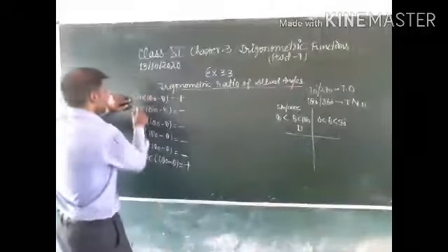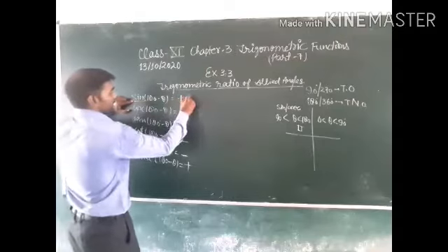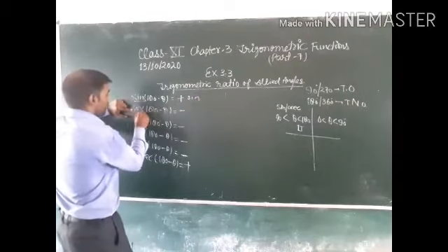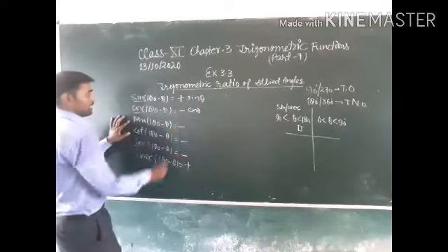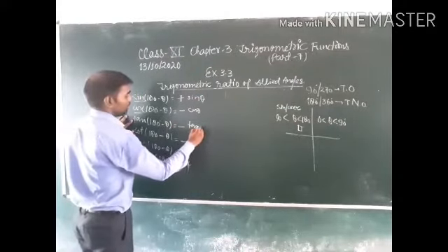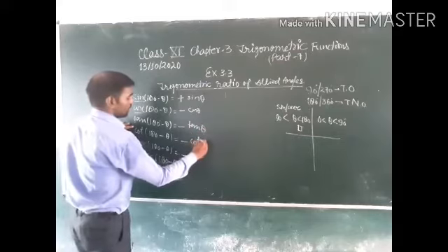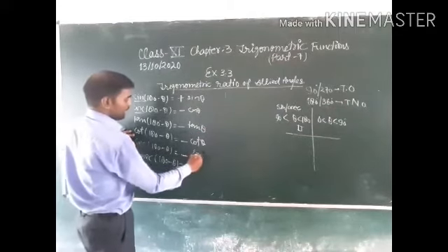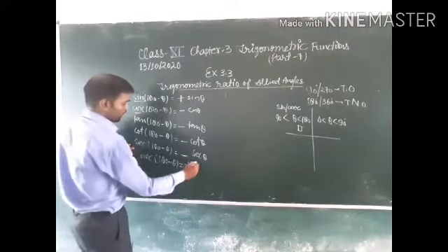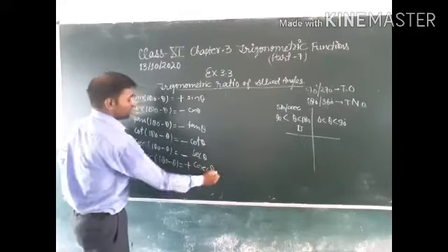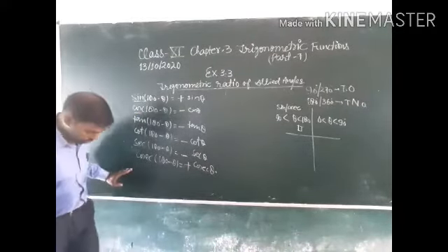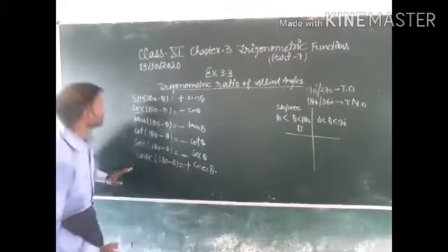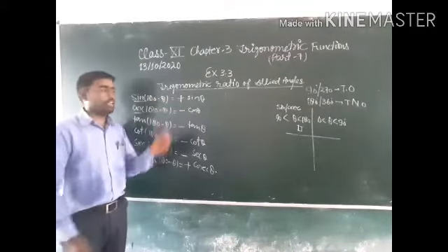It means the ratio stays the same. So this is sin theta, cos theta, tan theta, cot theta, sec theta, and cosec theta. So this side you can see how we can write the form of a right angle.